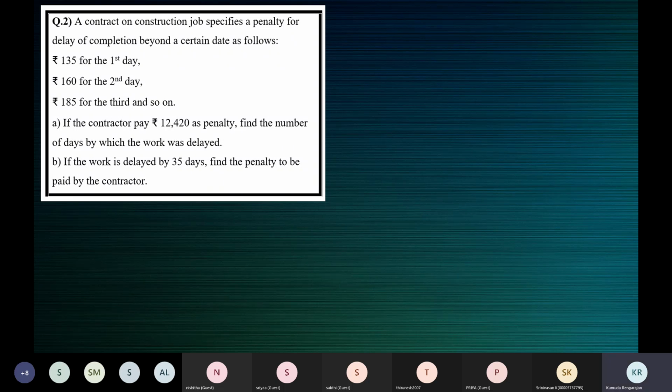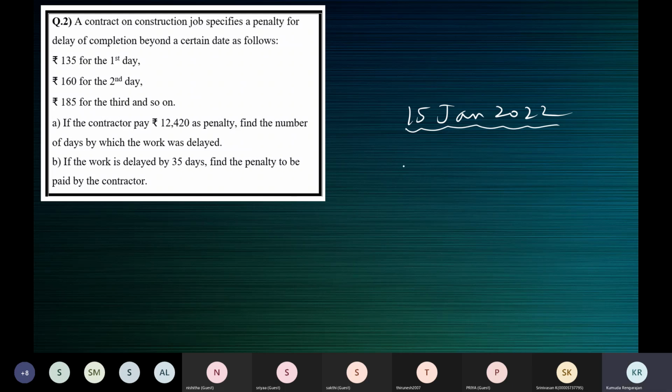135 rupees for the first day. So for example, if the work was supposed to be completed by say 15 January 2022, and it's not completed, then the penalty is like this.